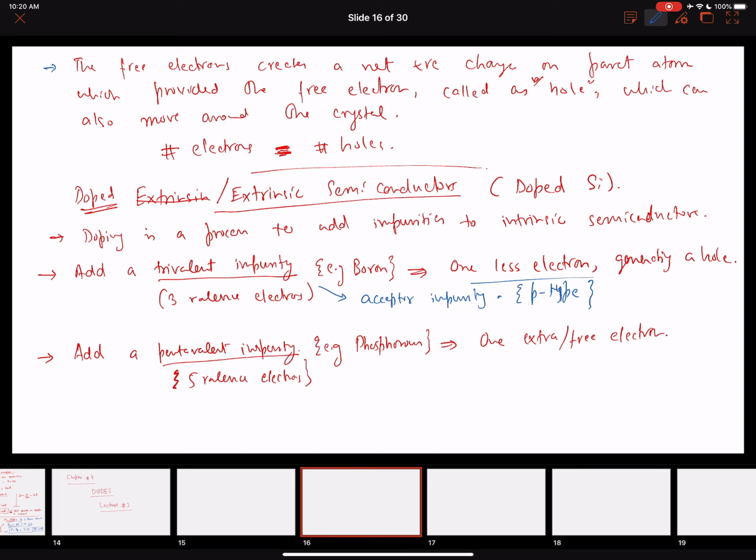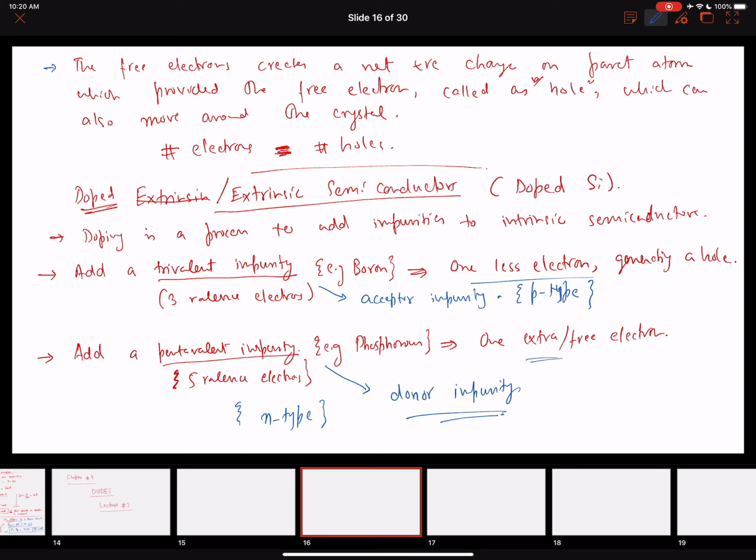Similarly, over here we have 1 extra electron, so these are known as n-type semiconductors, and these impurities are known as donor impurities. It has 1 extra electron available, so these are donor impurities.